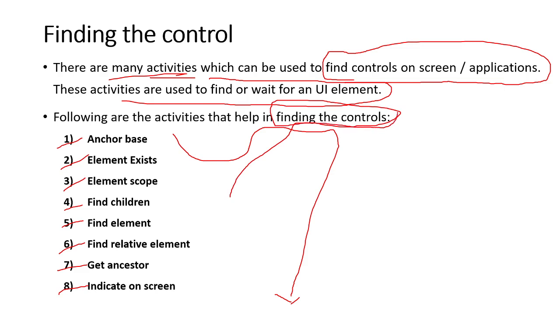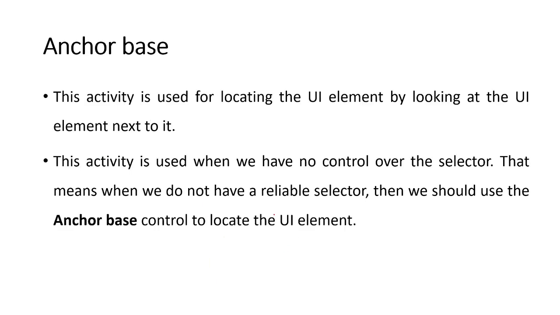Next, after learning this, we shall learn how to take action on the found controls. Clear? I will touch upon anchor base in this class, and if time permits, element exist also. Then in the coming classes we shall see the other activities.